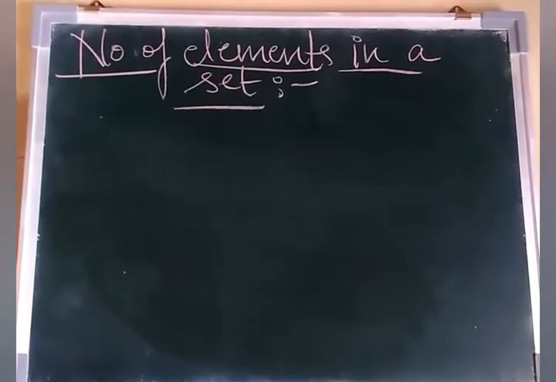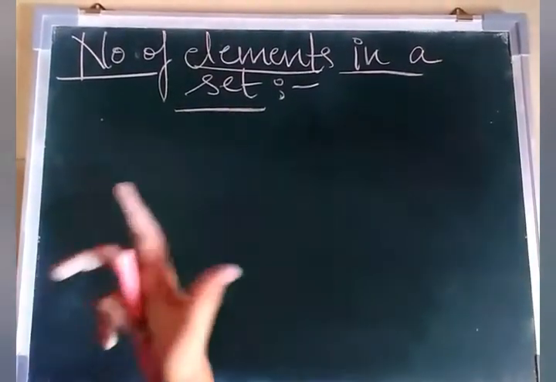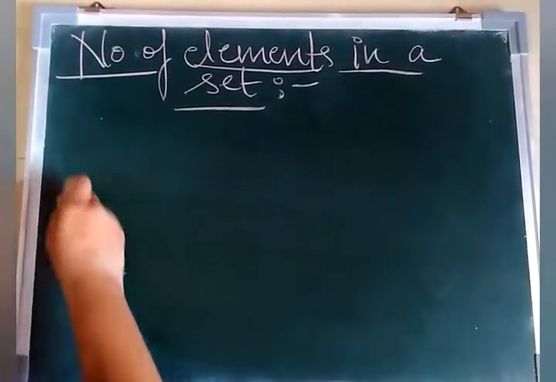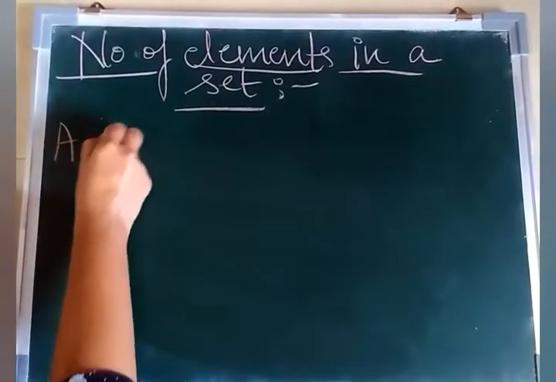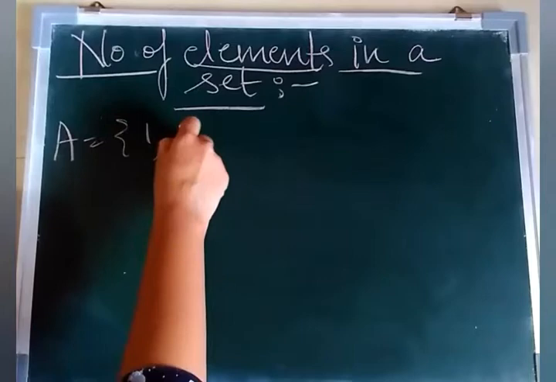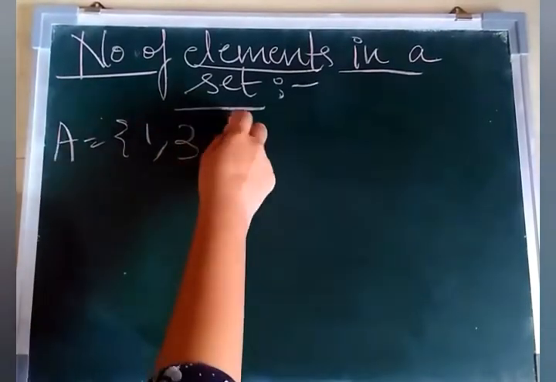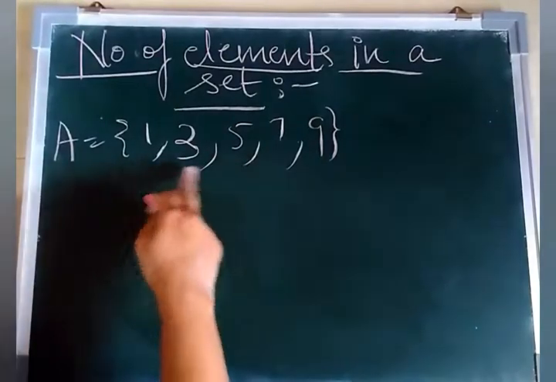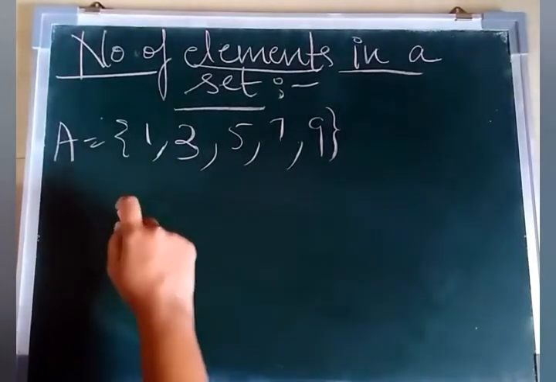Okay, the next topic is number of elements in a set. That means the total number of elements in a set. Now consider set A: 1, 3, 5, 7, 9. What is the number of elements in this set?